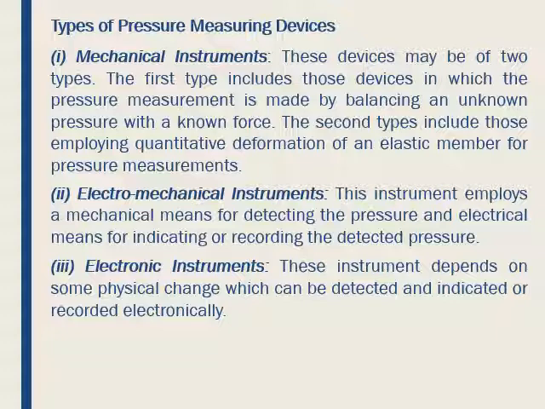The second type includes those employing quantitative deformation of an elastic member for pressure measurements. Electromechanical instruments employ a mechanical means for detecting the pressure and electrical means for indicating or recording the detected pressure. Electronic instruments depend on some physical changes which can be detected and indicated or recorded electronically.